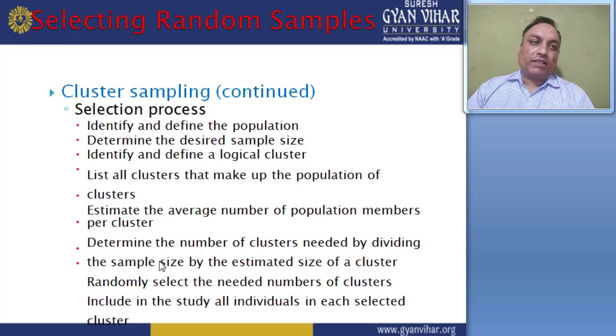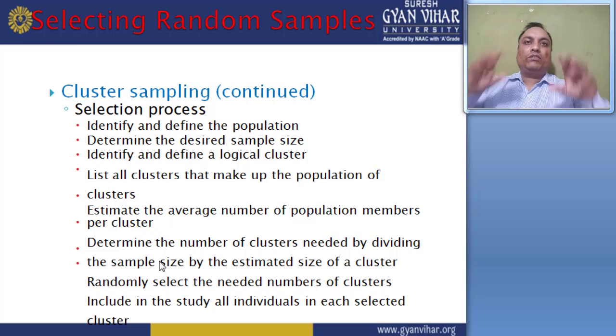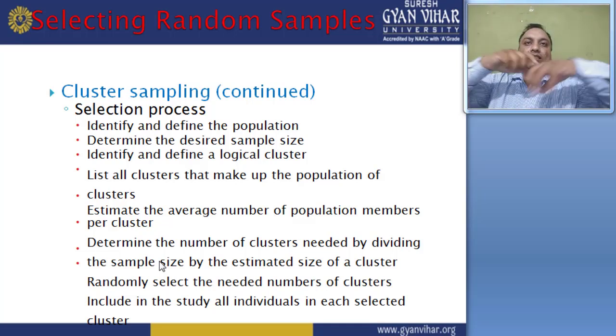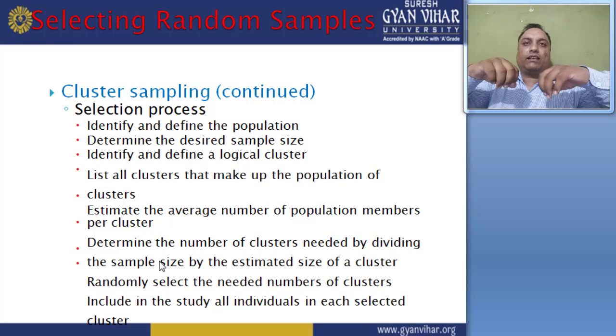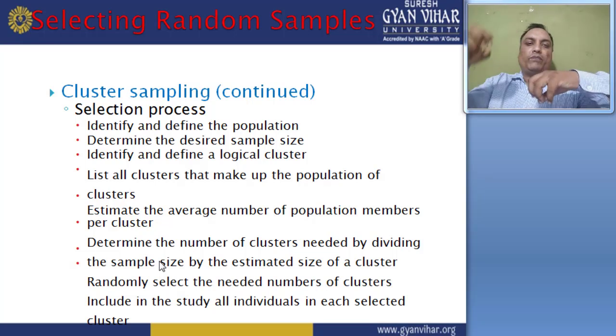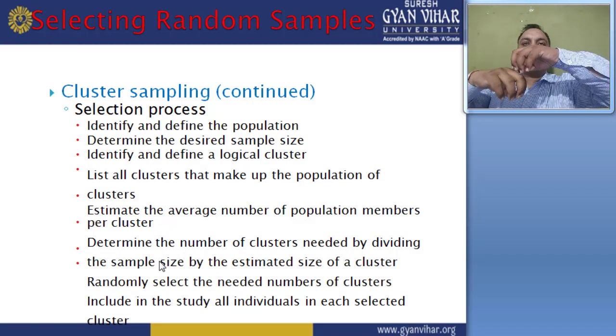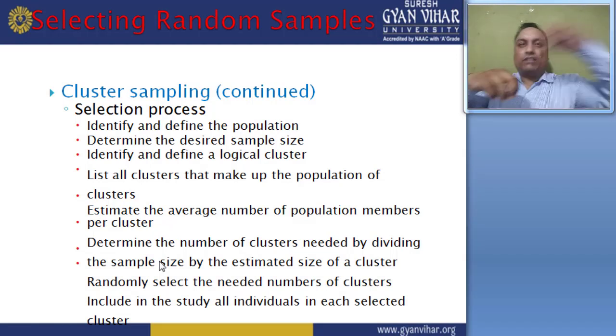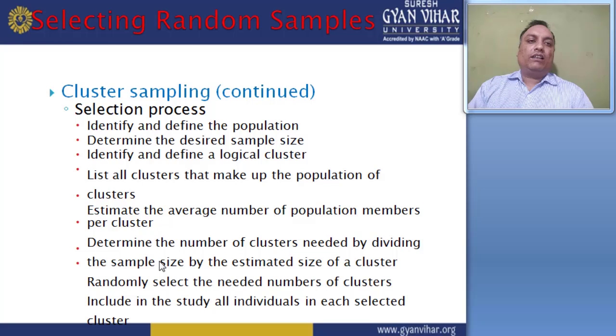and apply random selection. Suppose you have 10 different types of clusters. So this is one cluster and this is another cluster. Collect 3 samples from this cluster, and from this cluster you take 4 samples.